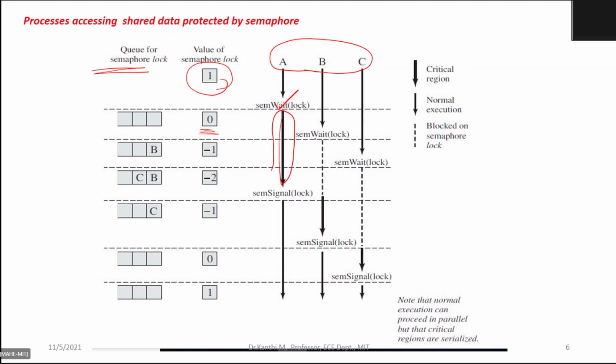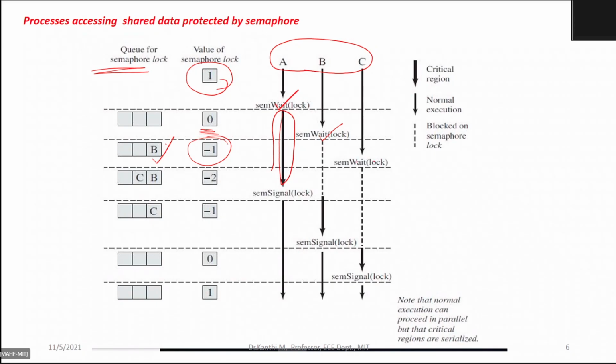Meanwhile, on the next clock tick, let us say the process B initiates sem wait, then this becomes -1, and since the key is not available, it will be in the queue waiting for the semaphore.